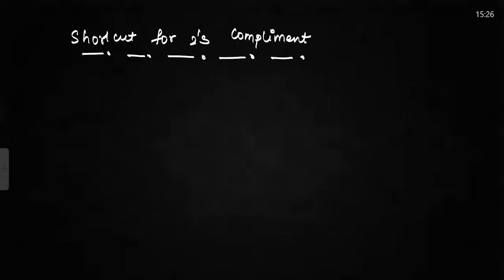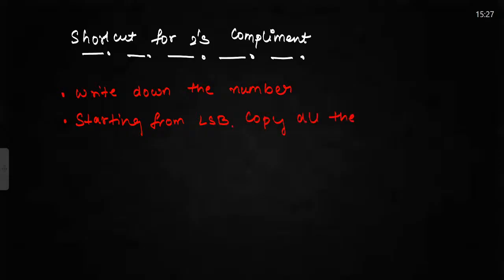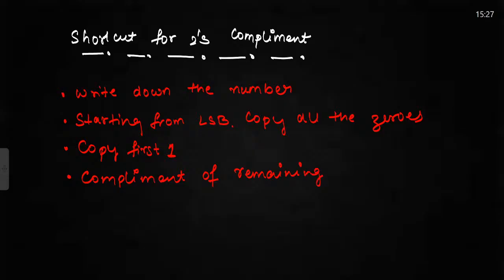Instead of finding the one's complement and doing all that, first write down the number, and then what you need to do is, starting from the LSB, that is from the right hand side, copy all the zeros, and then if you get a one, copy the first one, and then write the complement of the remaining bits.